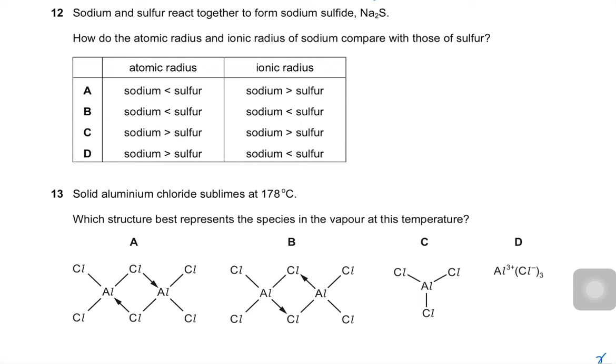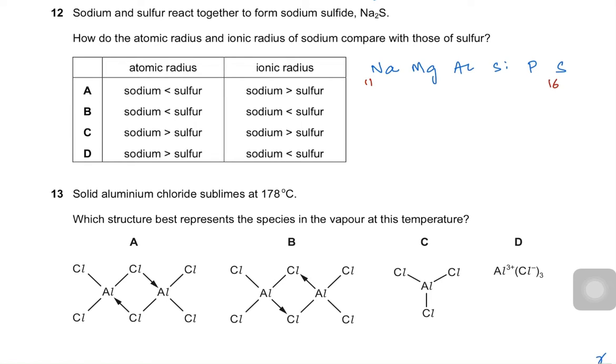Let's see this question. It says, sodium and sulfur react together to form sodium sulfide. How do the atomic radius and the ionic radius of sodium compare with those of sulfur? Now let's compare the atomic radii first. When we compare sodium, we know sulfur is on the right hand side of the period. Sodium has 11 protons.